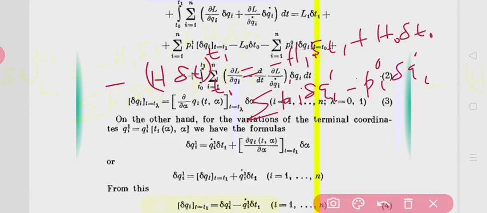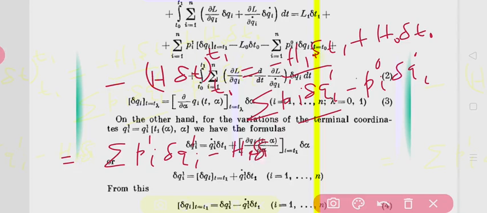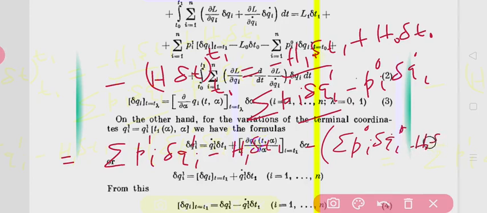So when you collect these terms, it can be written in one summation as summation of p_i1 delta q_i1 minus H1 delta t1, and minus of summation p_i naught delta q_i naught minus H naught delta t naught.